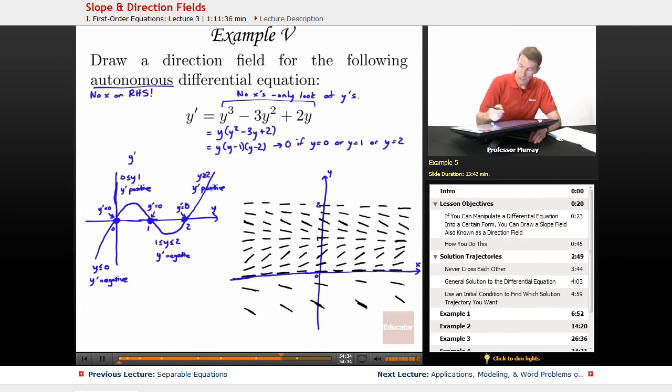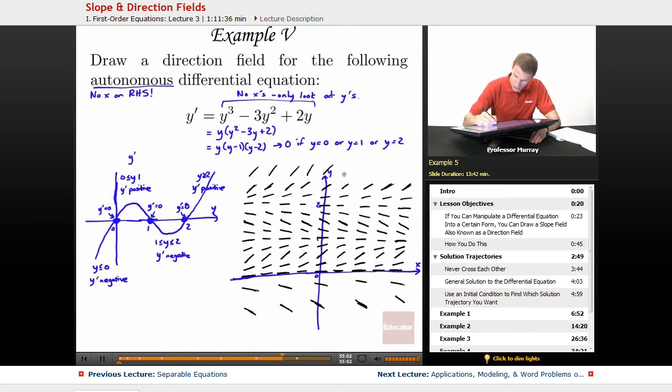So over here on the y versus x axes, I'm going to put some positive slopes here. And I see that as I go for bigger and bigger values of y, they're not leveling off, they're just getting steeper. So let me draw some steeper slopes here.